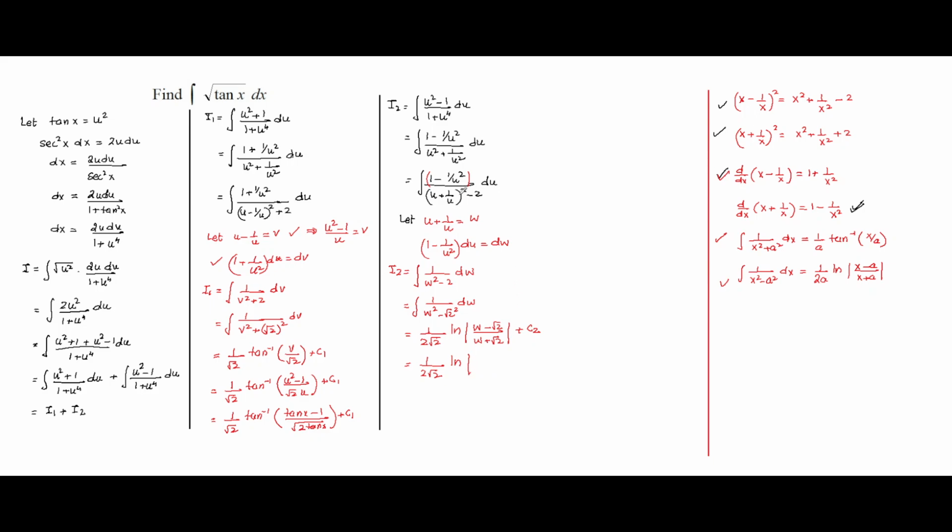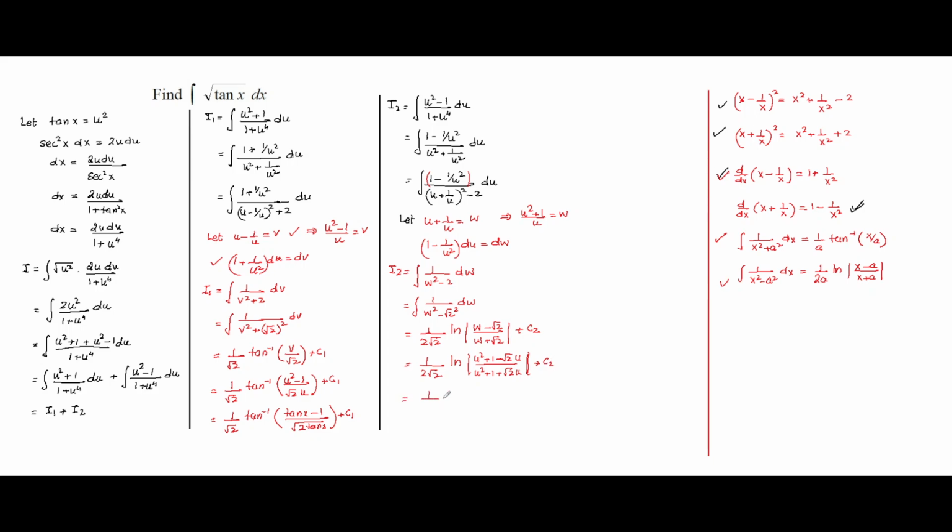Now we will substitute the value of w, and the value of w will be u squared plus 1 over u equals w. So in place of w, I write u squared plus 1 over u minus root 2, which goes with root 2u after taking the LCM, and u square plus 1 plus root 2u, and the u in the denominator gets cancelled because it is there in the numerator and the denominator.